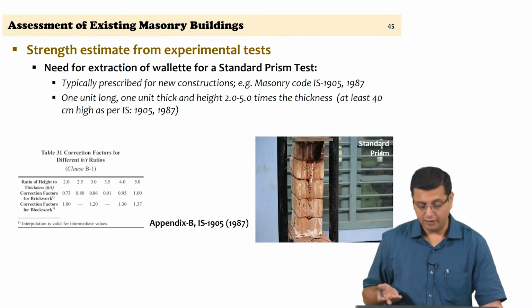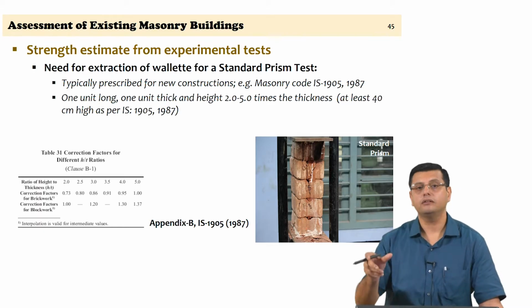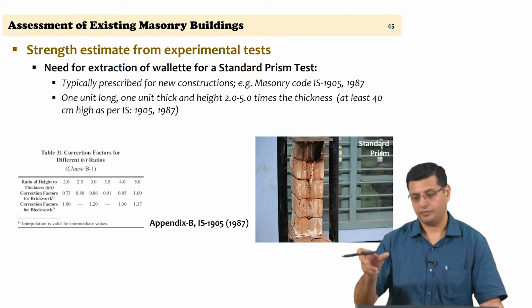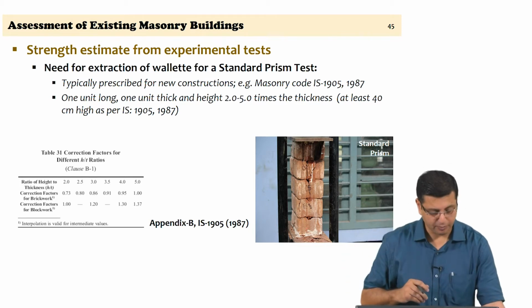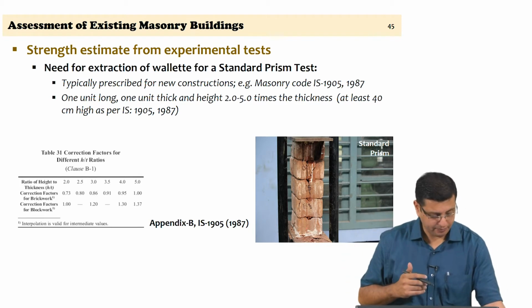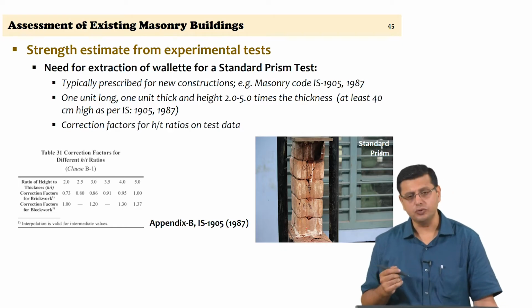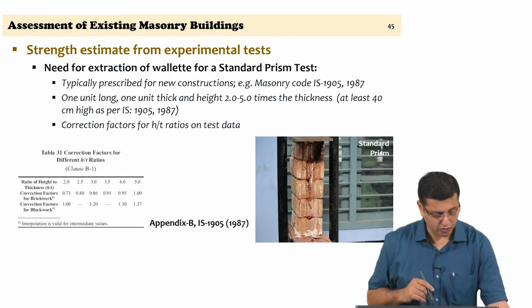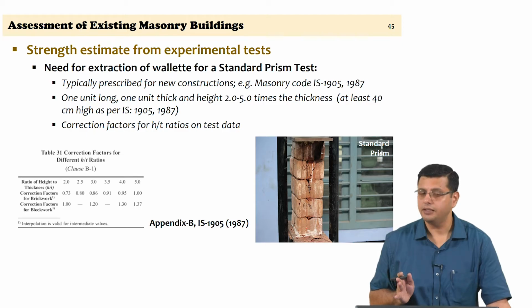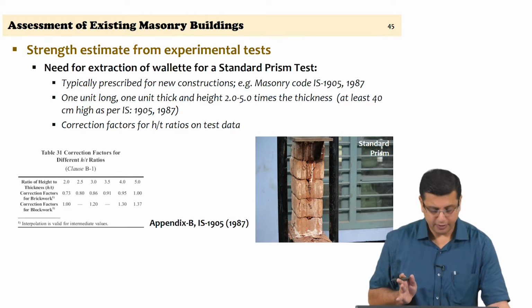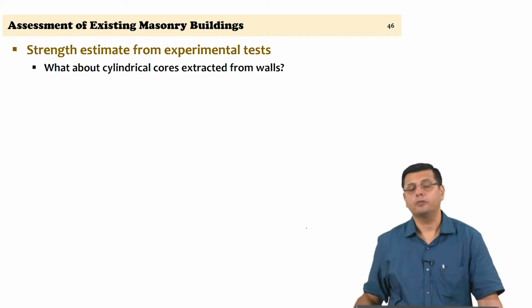And as I said, we normally go for one unit and 5 or 6 of them placed one on top of the other, stack bonded, and use the correction factors itself. So, can this be a basis for us? Yes, it can be a basis for us, but one has to be careful about what we are getting and how we go about doing it.